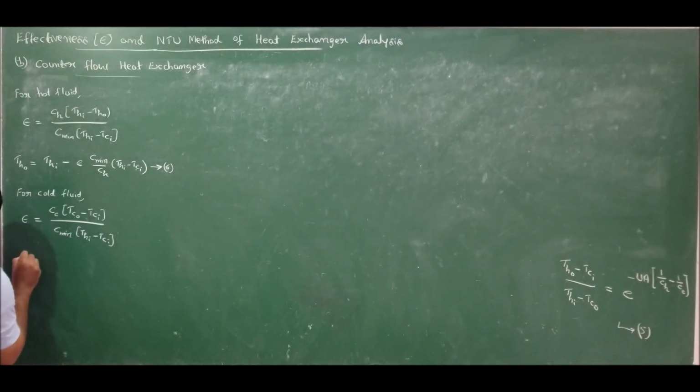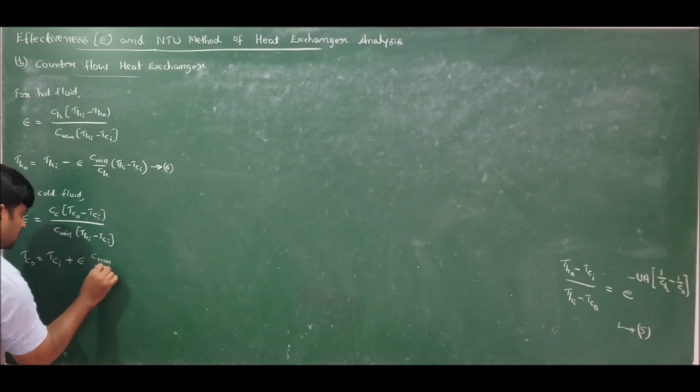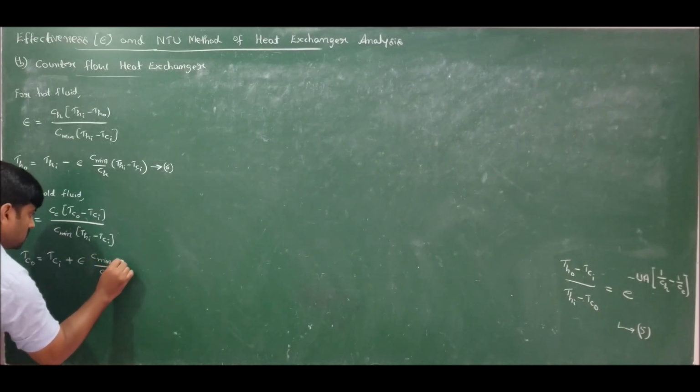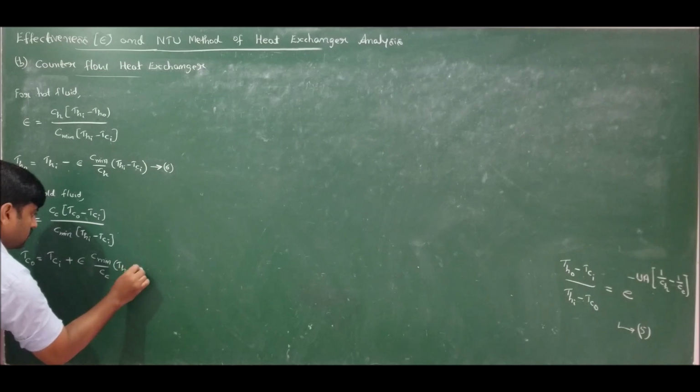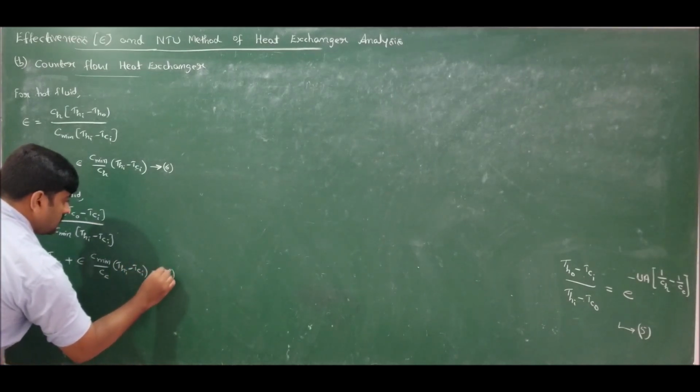Therefore TCO will become, TCO is equal to TCI plus epsilon times C minimum by Cc times THI minus TCI. Let's take this as equation number 7.